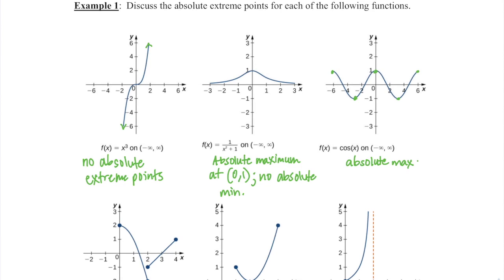So absolute maximum value would be 1, and it occurs at 0 and 2 pi and 4 pi. So we could say at x equals any integer multiple of 2 pi. So I said 2k pi. Also, this has an absolute minimum value of negative 1.